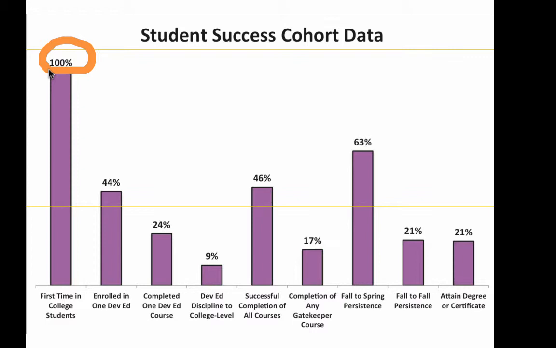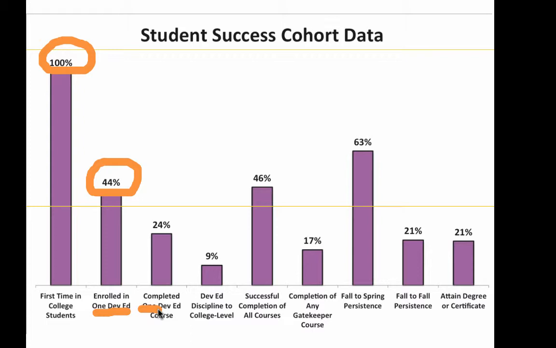Of that group, you can see that about 44% or so wound up in one or more developmental education courses. During the 3-year period that these students were tracked, 24% completed one developmental education course, which is roughly a success factor of about half of students who had entered developmental education.